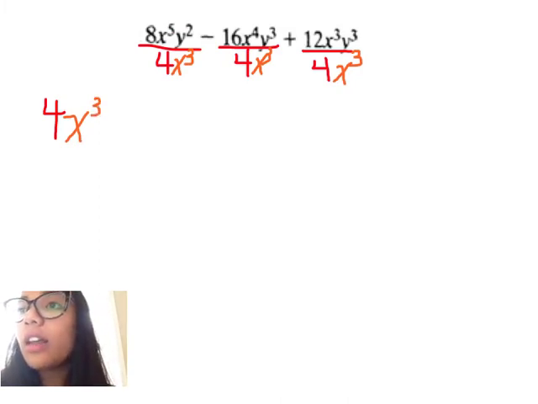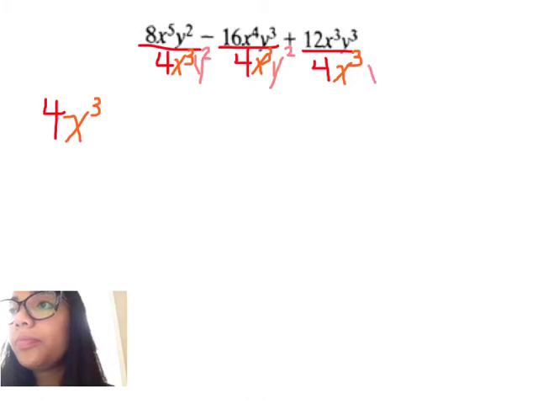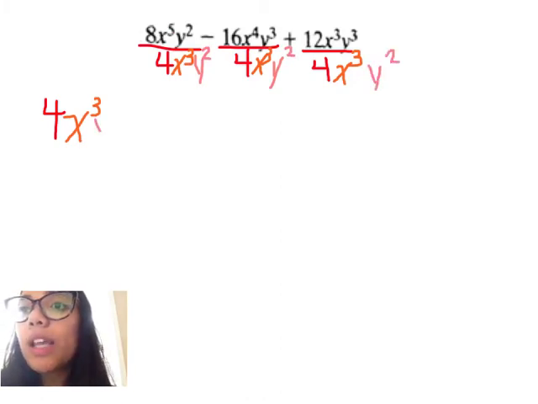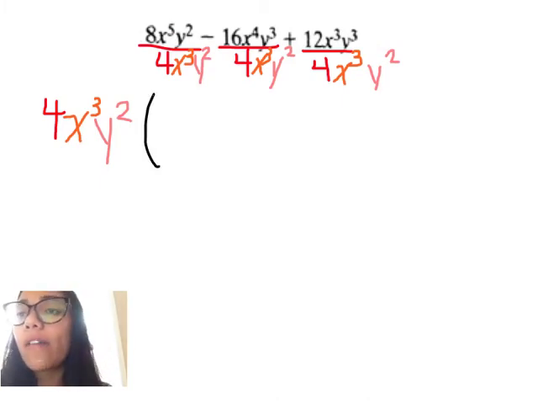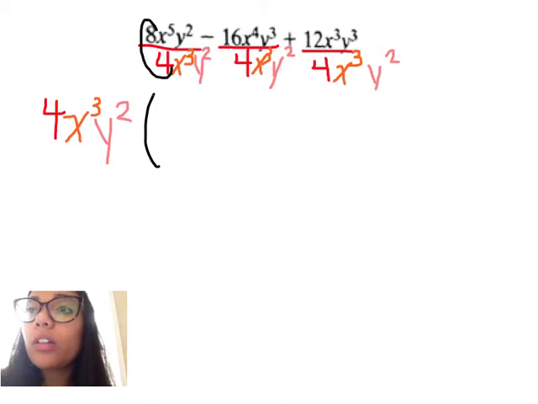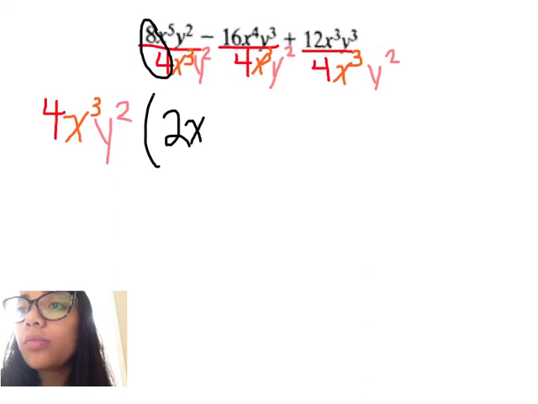And then y squared, y cubed, and y cubed. My smallest y is y squared, so that means that's coming out. So that means I have a y squared. And now I just simplify what I'm dividing. So I have 8 divided by 4, which is 2. X to the 5th divided by x cubed is x squared, 5 minus 3 is 2.